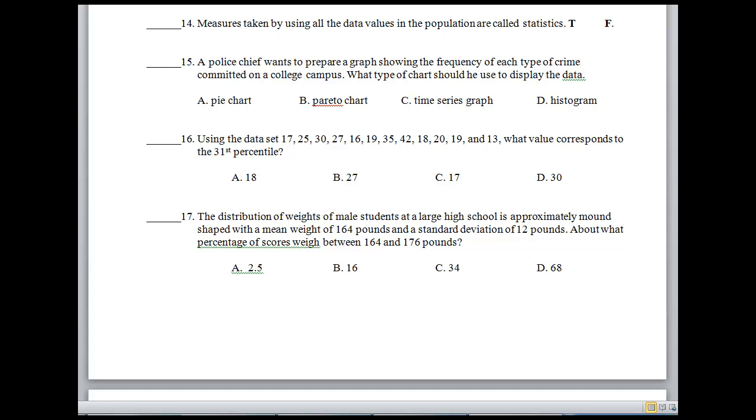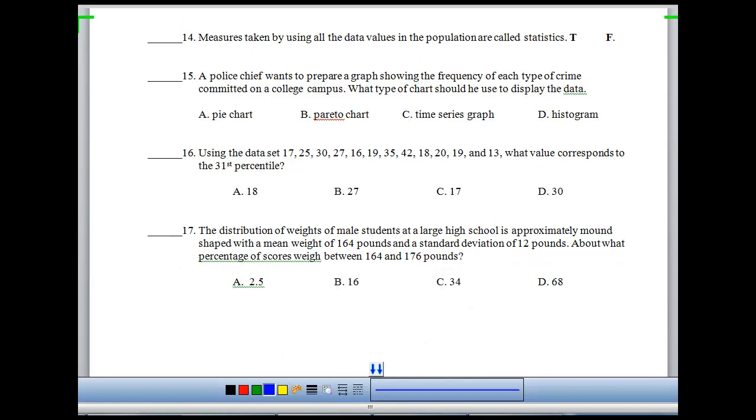To show the frequency of each type of crime? Okay, getting closer. What? One more time. The frequency of each type would be Pareto. It'd be Pareto chart.